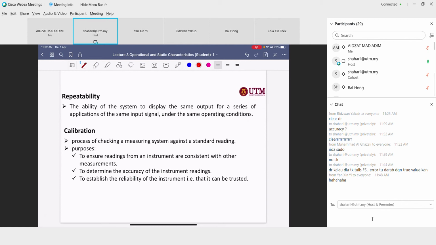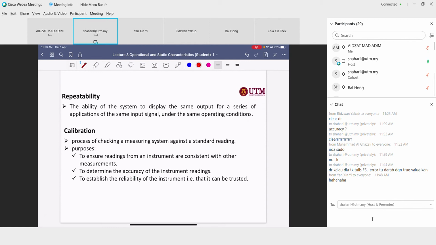If you get the same value from yesterday and today, that means your system has good repeatability. It will produce the same data. If your system does not give good repeatability in terms of data from today and tomorrow, that means you need to do some calibration.